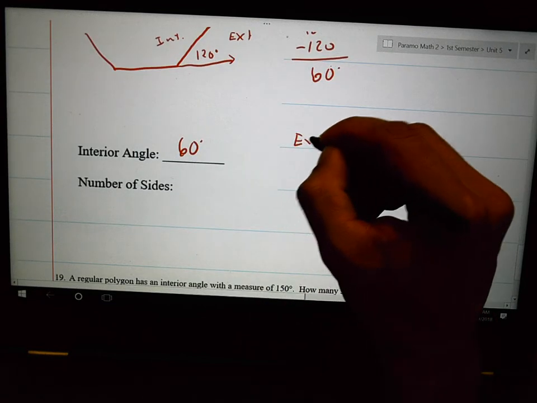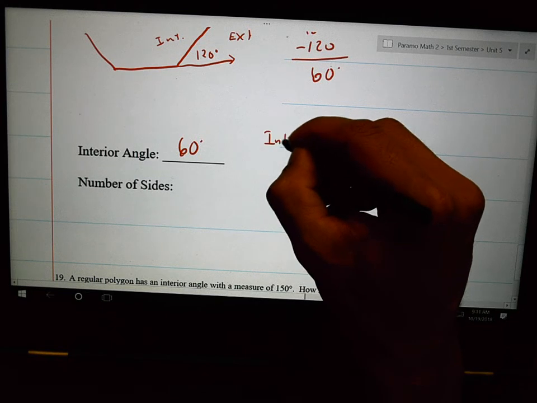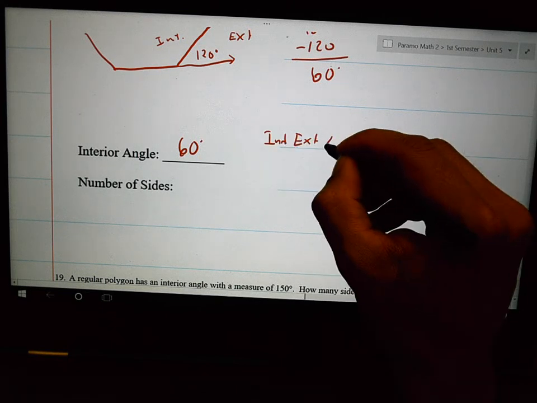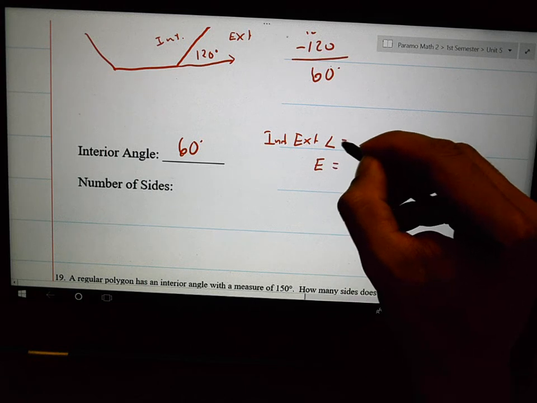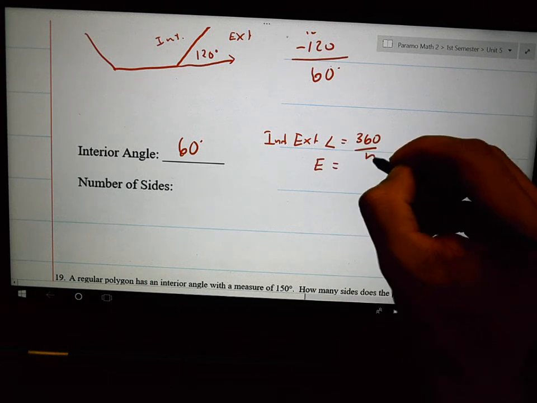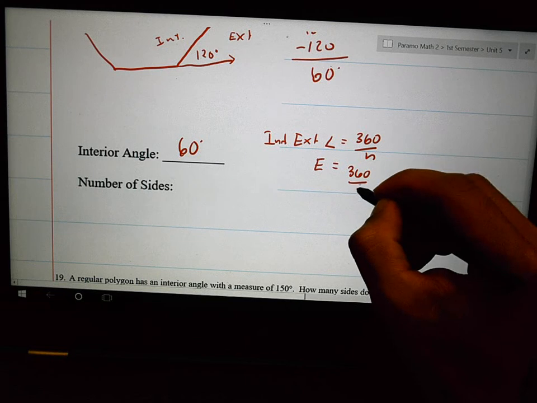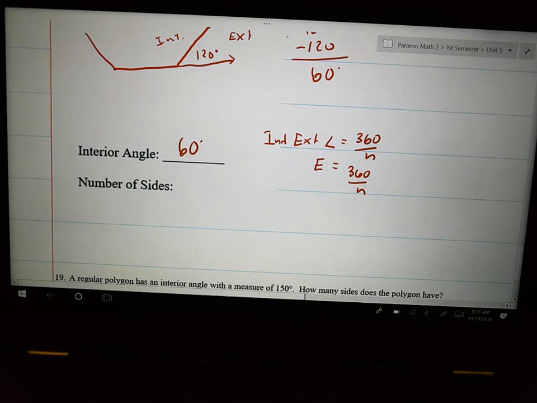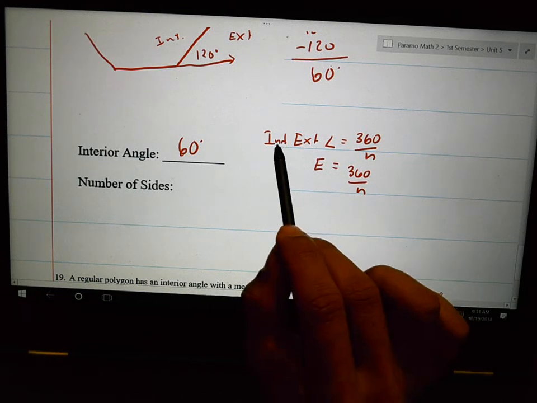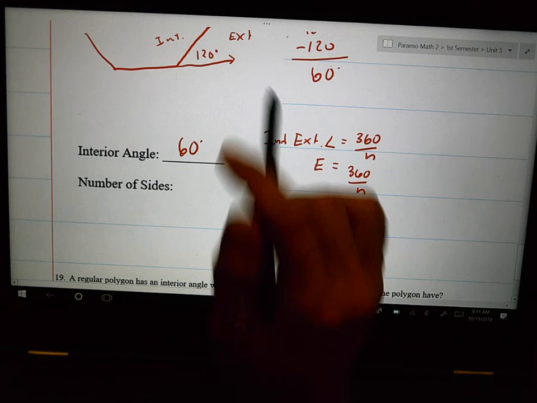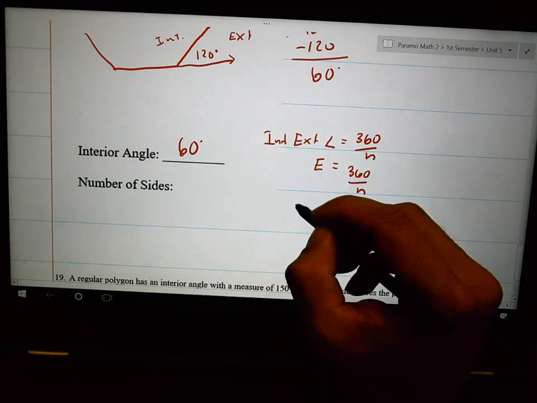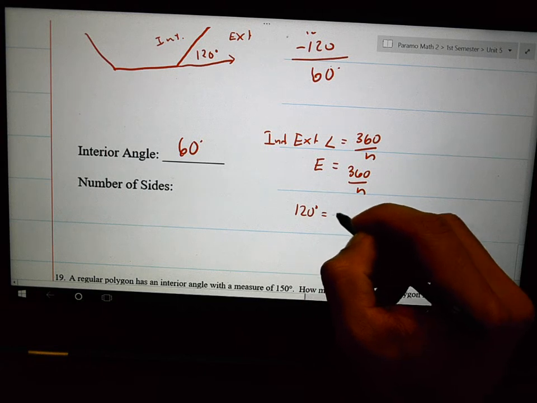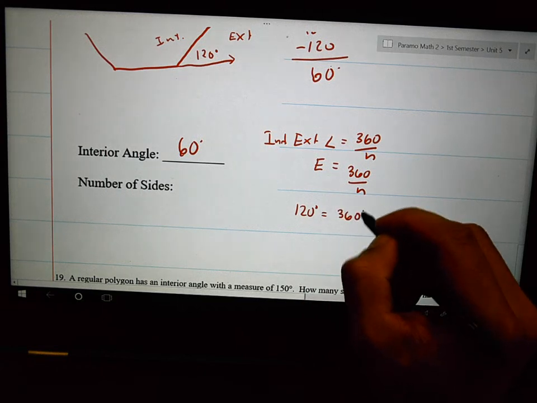Individual exterior angle, I'm going to call that E, equals 360 divided by n. Do I know what the individual exterior angle is? It gave it to me. It says it's 120 degrees. So I'm going to change that to 120 is equal to 360 divided by n.